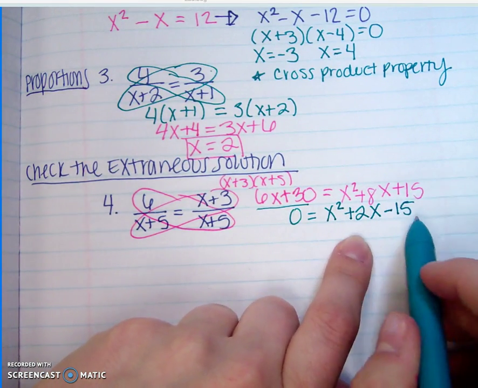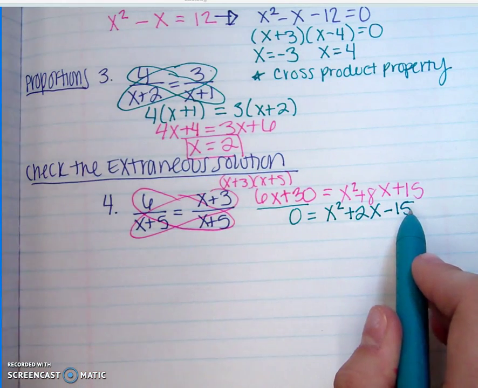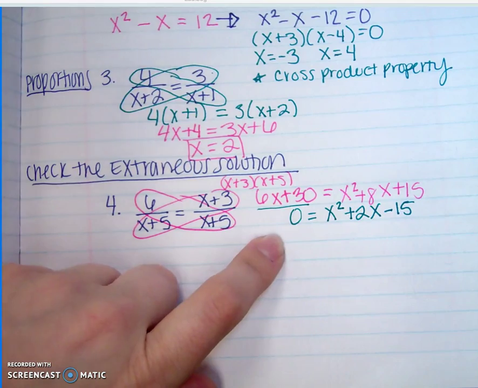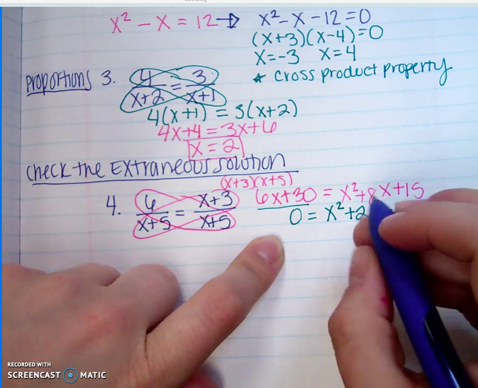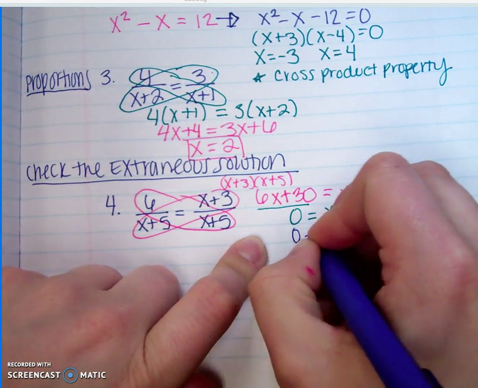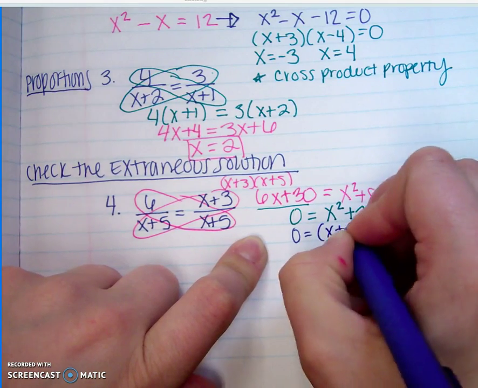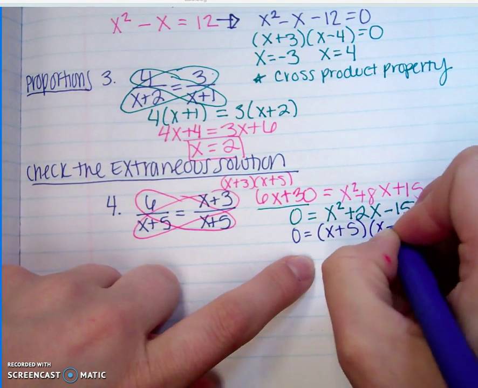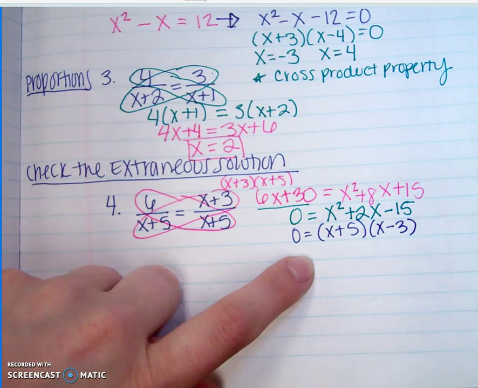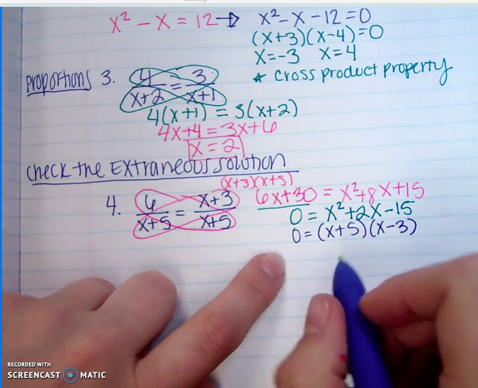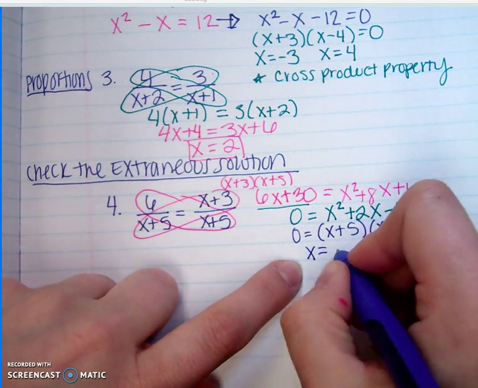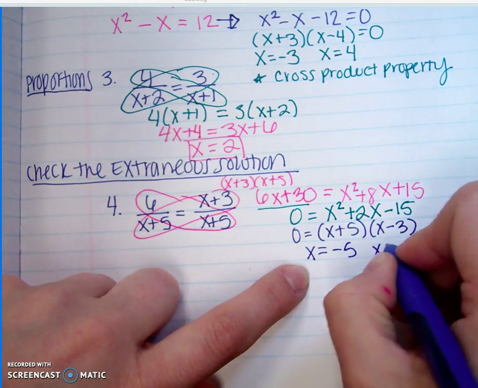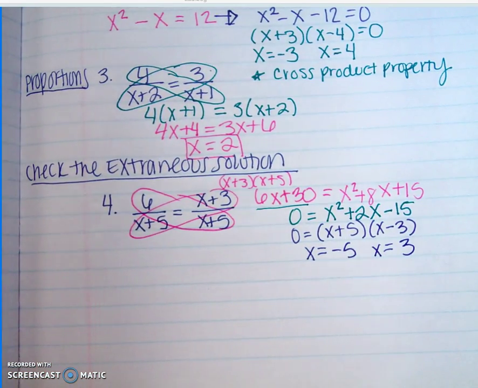What multiplies to negative 15 but adds to 2? x plus 5 and x minus 3. Set those equal to 0: x equals negative 5, x equals 3.